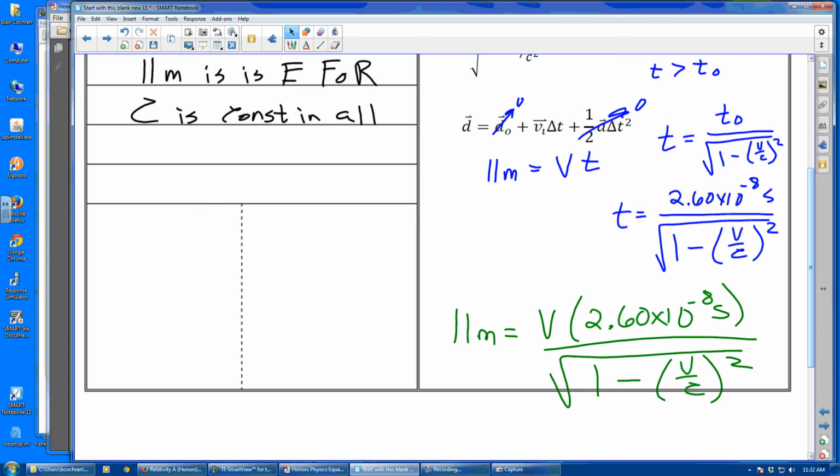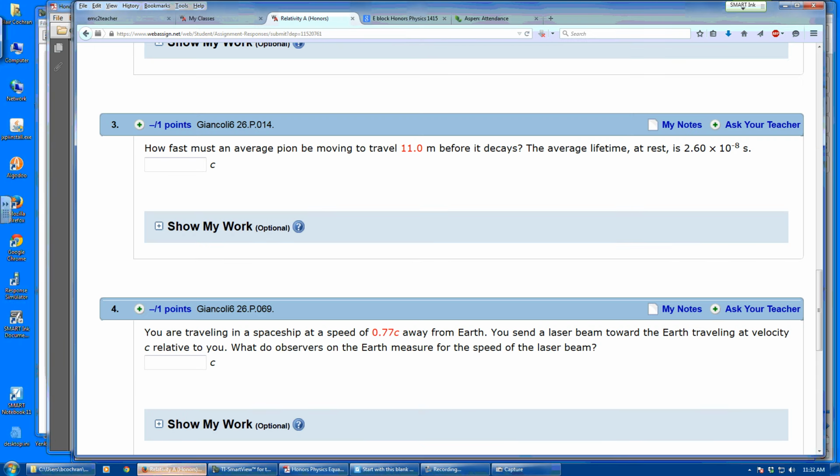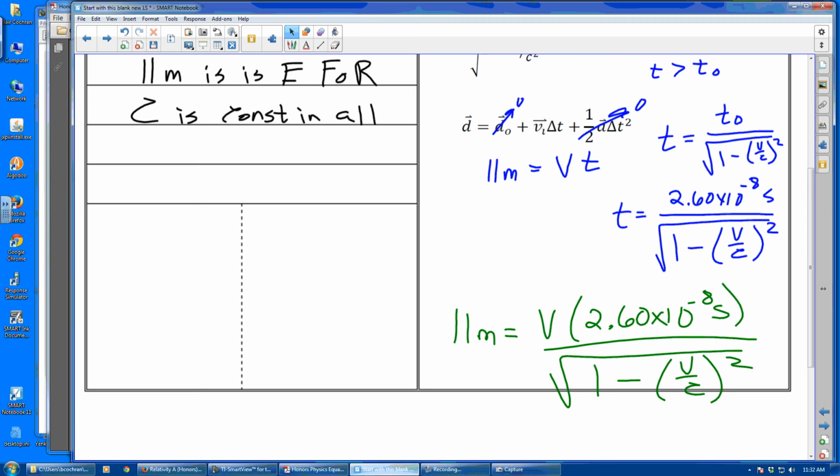Actually, I'm going to do something very strange here for a second, okay? Because it asked me for what's V, is V 0.6C or something like that? That's really writing V over C. So this is the weird part, but it makes the math a little bit easier.